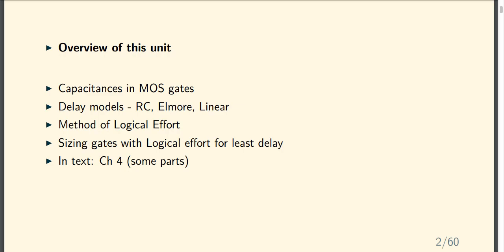The second point. Another way to calculate the delay, which is the second delay model, is called the Elmore delay model. This is slightly different from the RC delay model, and we will see how this is different. But this is also important because this is not only used for hand calculations, even in computer simulation tools.